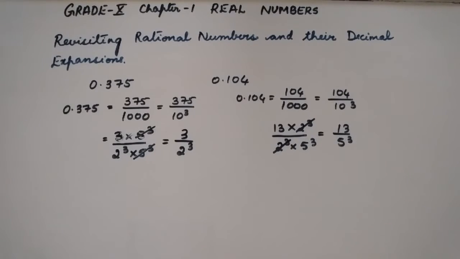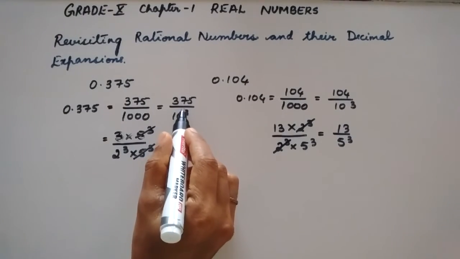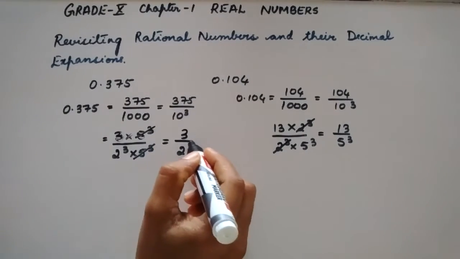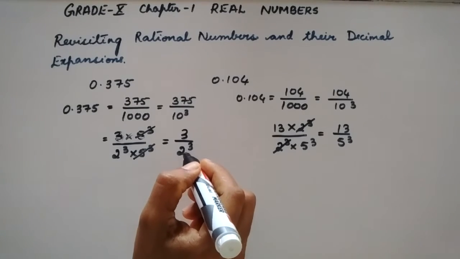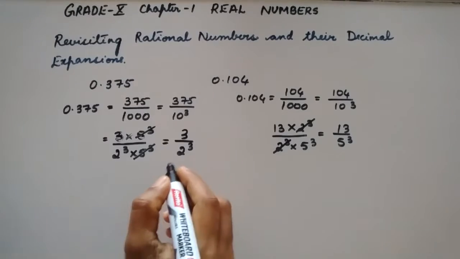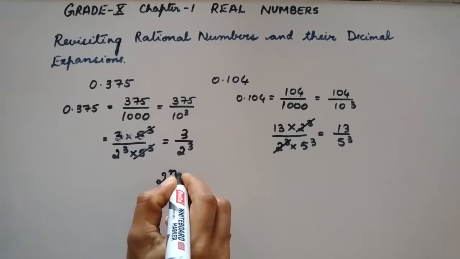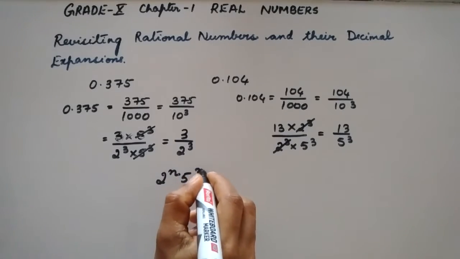Where the prime factorization of q, that is here it is 10 to the power 3, or here it is 2 to the power 3, is of the form 2 to the power n and 5 to the power m.